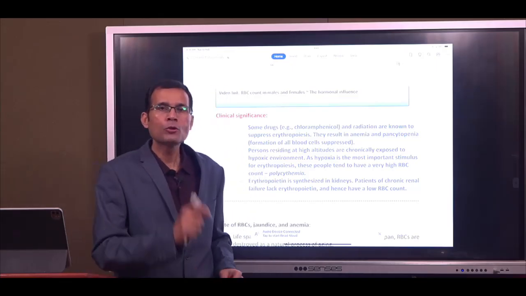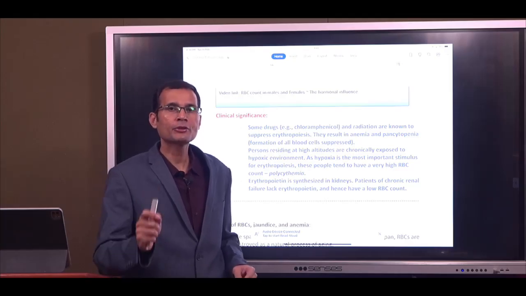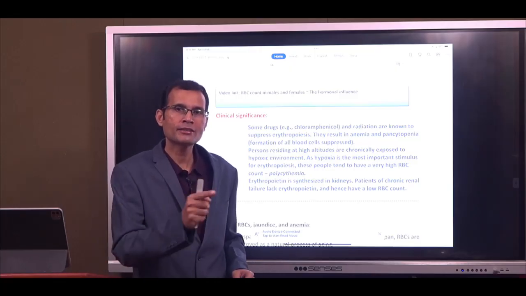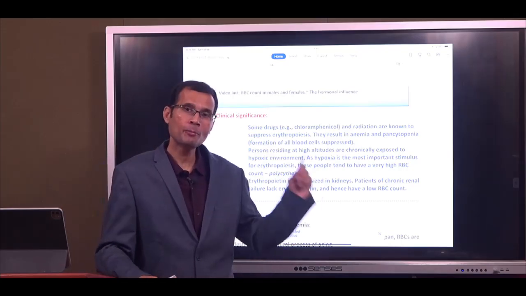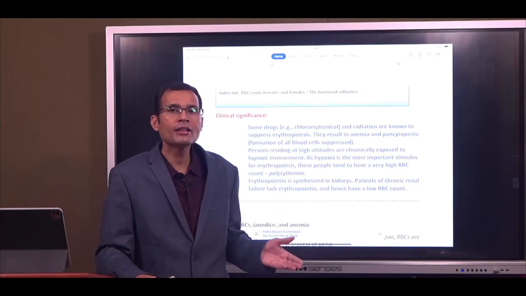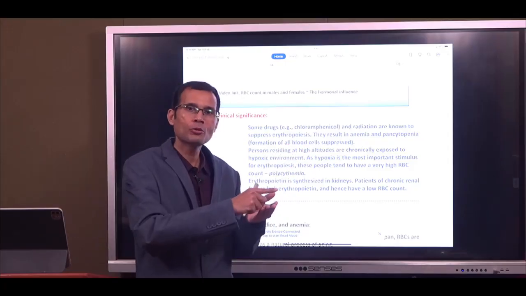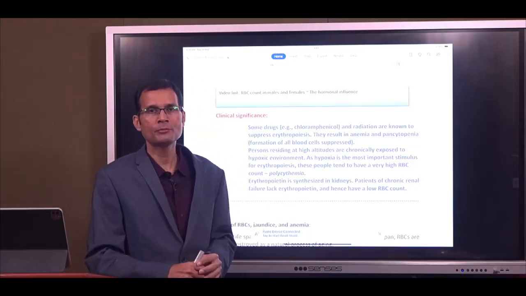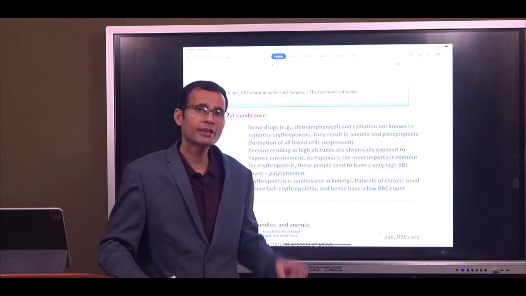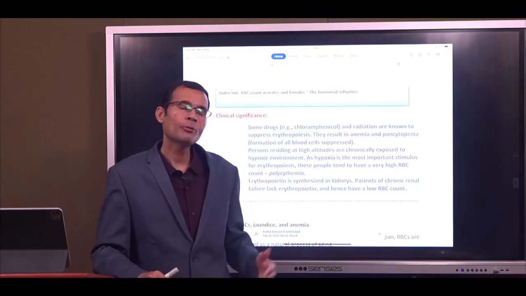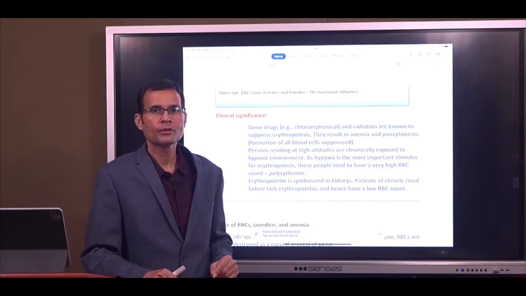One, it goes to the kidney and causes release of erythropoietin, the hormone that stimulates erythropoiesis. 2, it goes to the bone marrow and upregulates the erythropoietin receptors. So erythropoietin will act on the bone marrow and erythropoiesis will be stimulated and made faster. And 3, in some unknown way, testosterone directly stimulates the rate of erythropoiesis.